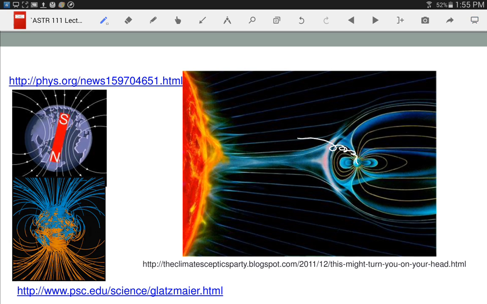The aurora borealis and aurora australis are caused by charged particles from the sun coming into the Earth's atmosphere, exciting electrons and atoms high in the atmosphere. They de-excite and give off light. When you have enough of that, you can see it, and we call it the northern lights or the southern lights. And then those charged particles make the magnetic field really elongated. Very interesting, at least to me.